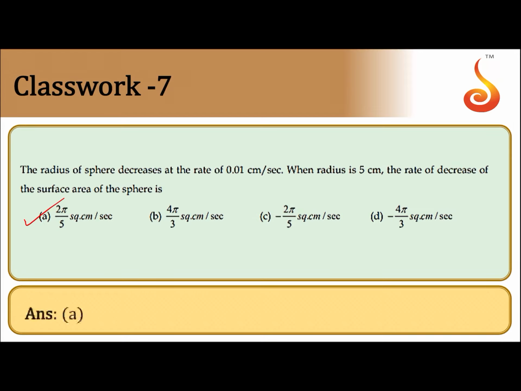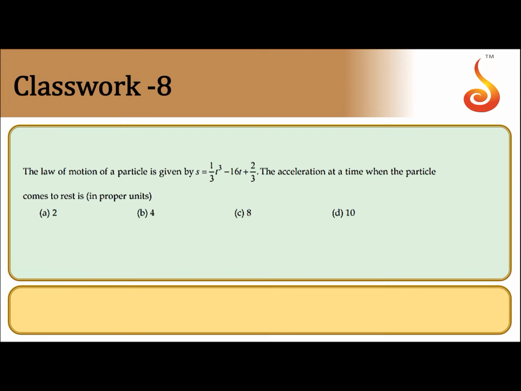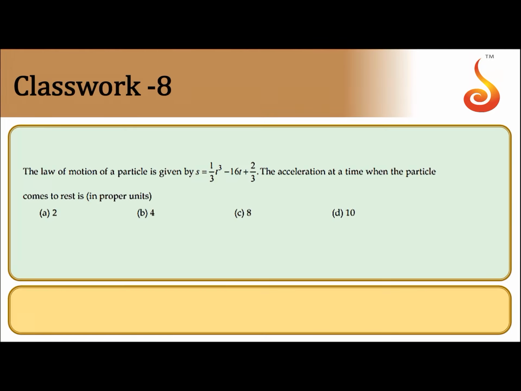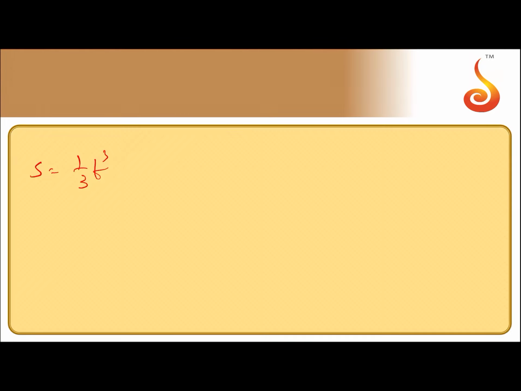Right? Yes. Coming to next one. The law of motion of a particle is given by a formula. Now find the acceleration at the time when the particle comes to rest. Particle comes to rest means ds by dt, velocity, must be equal to 0. So s is equal to 1 by 3 t cube minus 16t plus 2 by 3.